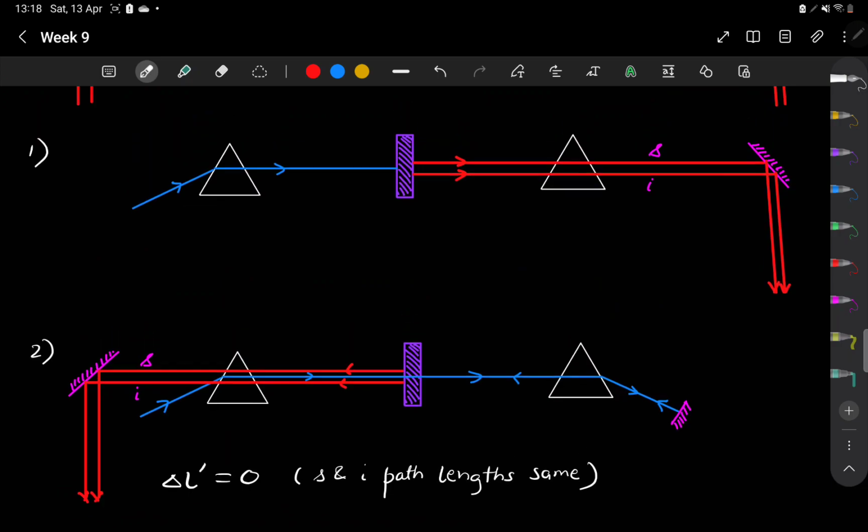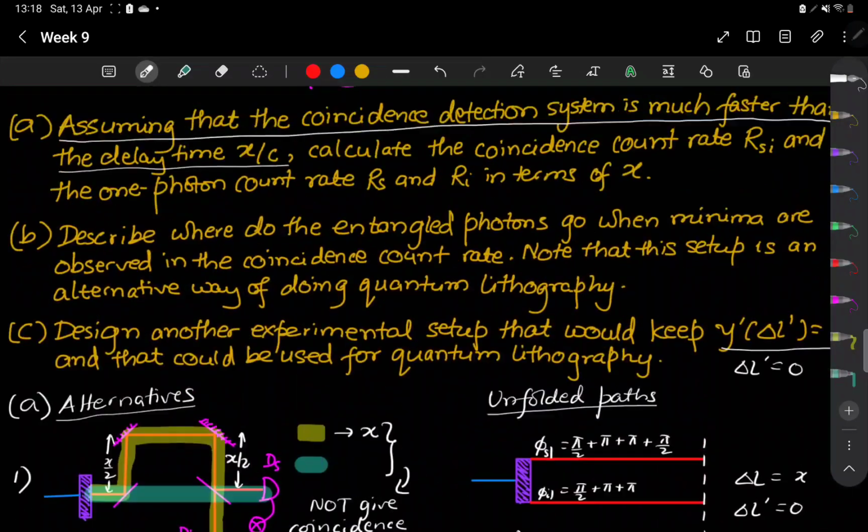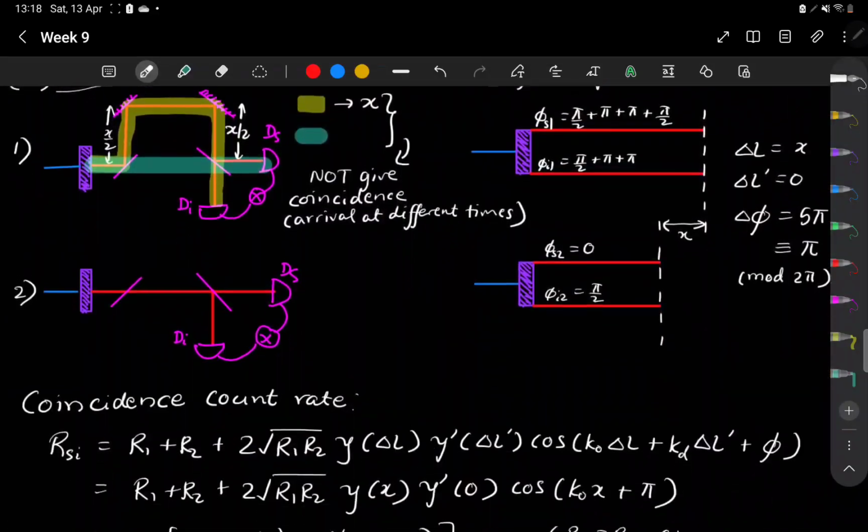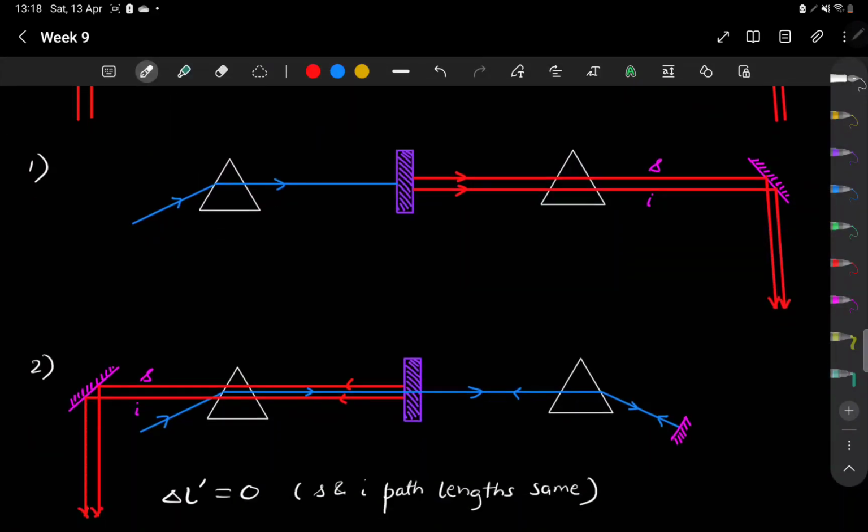So this completes the first question. Again, take a few minutes to revise and recapitulate before we move on to the next question.